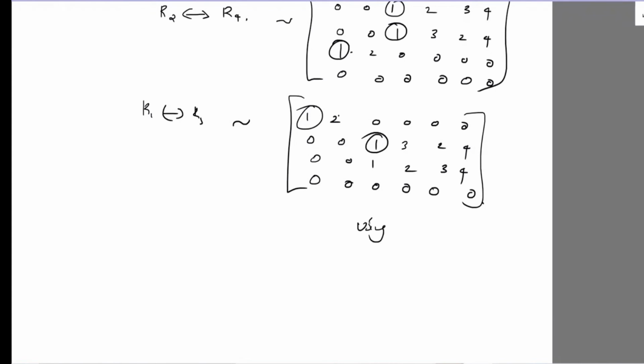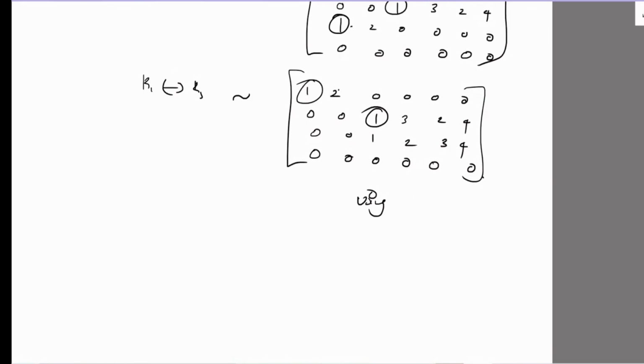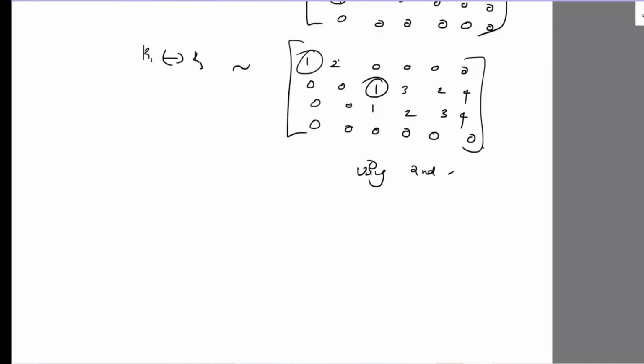Using which row? Using the second row. So what will be the operation? We have to subtract them. R3 changes to R3 minus R2.